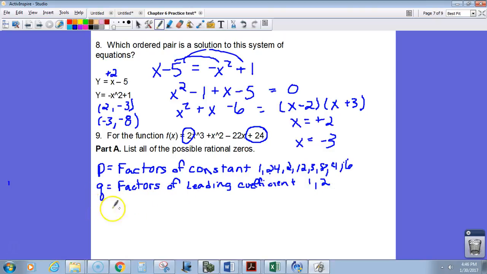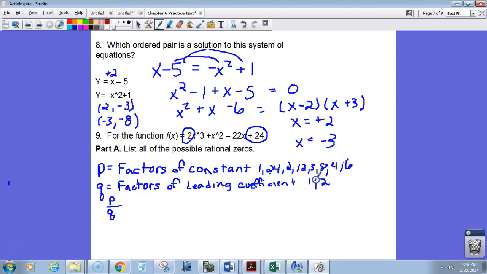So then we make fractions of each one, so we make all the possible fractions we can with P on the numerator and Q on the denominator.